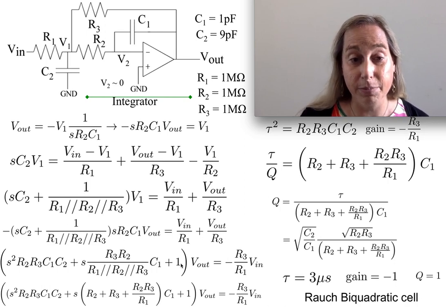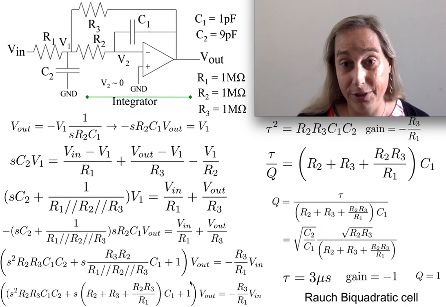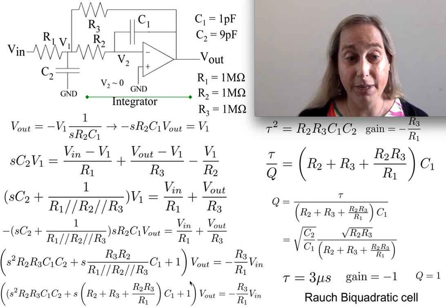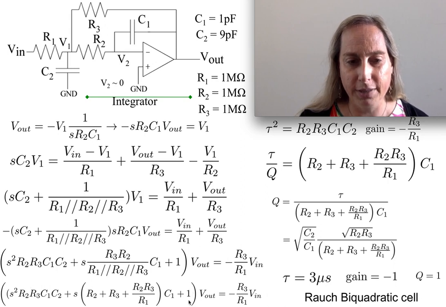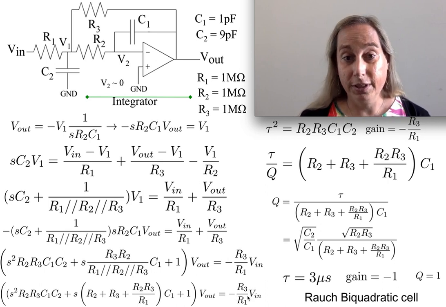It does get a little bit messy, but what you end up getting is a pretty reasonable response. Again, still +1 at the far end. This is always what you want to aim for: elements with the S squared, elements with the S, and then 1. And then a term over here for V in, which gives you what the gain term is going to look like.